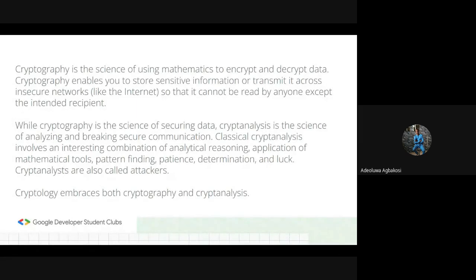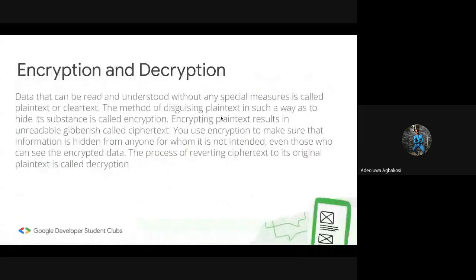Cryptanalysts are also called attackers. Now, cryptology embraces both cryptography and cryptanalysis. So, cryptology is the study of the combined fields of cryptography and cryptanalysis.